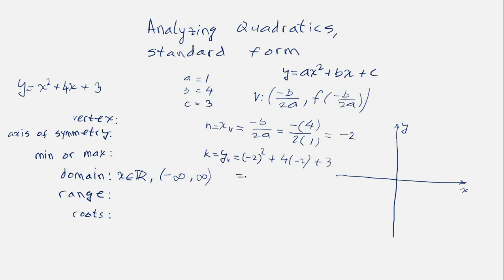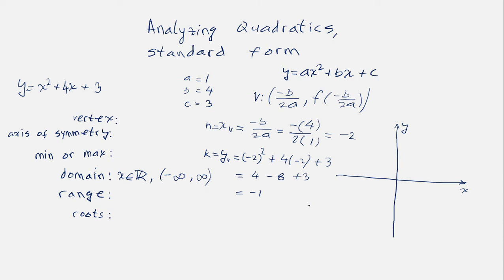So negative 2 squared is 4, 4 times negative 2 is negative 8, and then we still have plus 3. So 4 minus 8 plus 3 is actually negative 1. It's negative 8 plus 4 plus 3, right? Negative 8 plus 7, so it's negative 1.